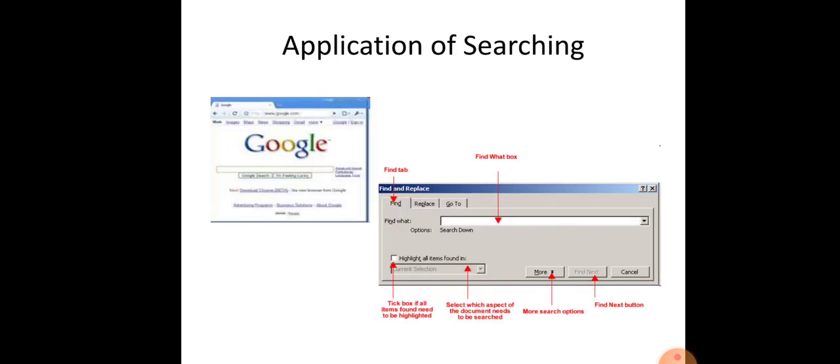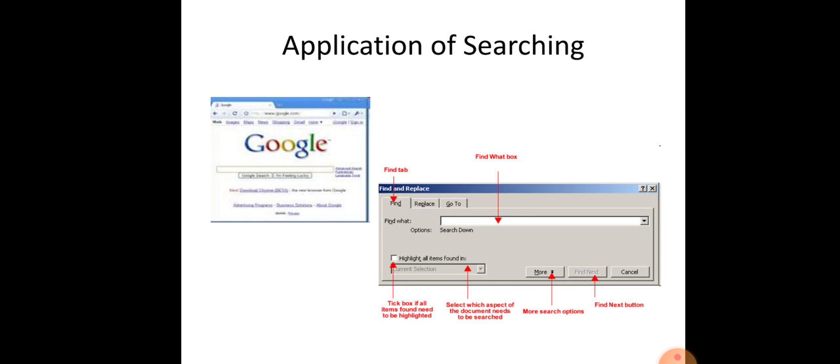We apply searching techniques in Google, Facebook, social media and recommender systems, where so much data is being searched. We apply these techniques in search-related technologies. Find and replace also uses these concepts.